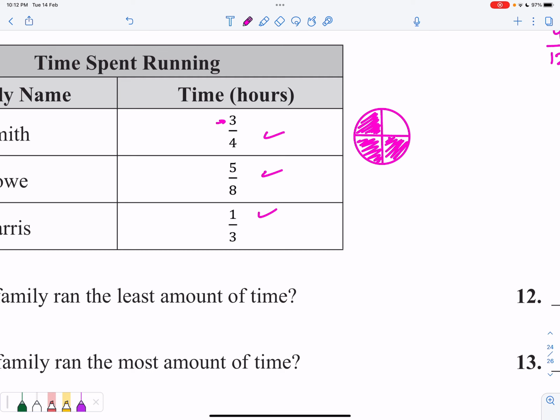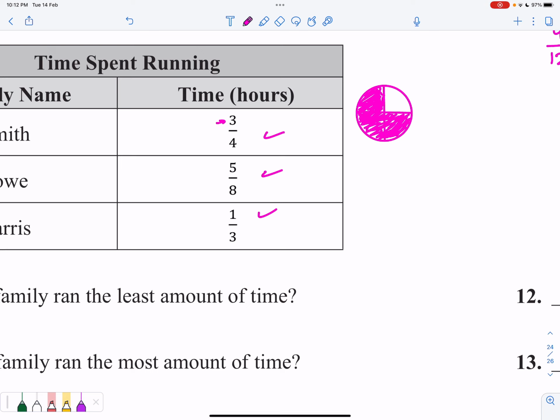So the fraction that we have here is all of the colored parts. This is the fraction that represents how much the Smith family ran. Now let's do the other one. 5/8. You also need to draw a circle and cut it into 8 parts.